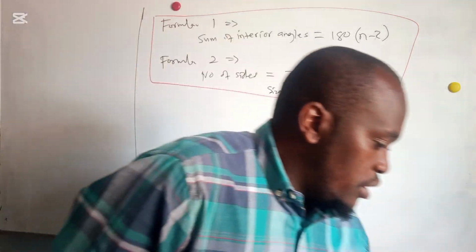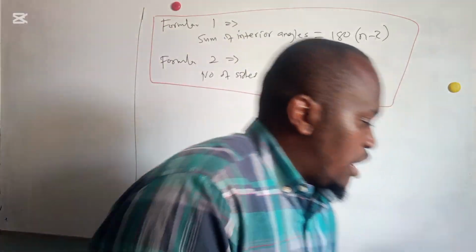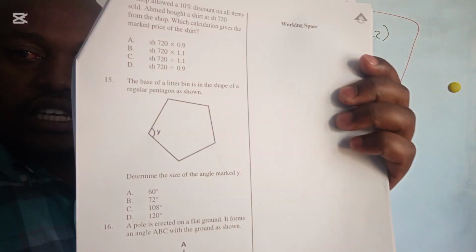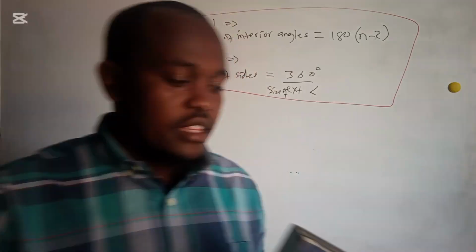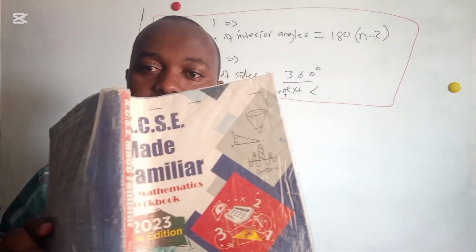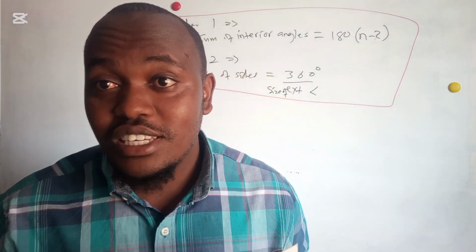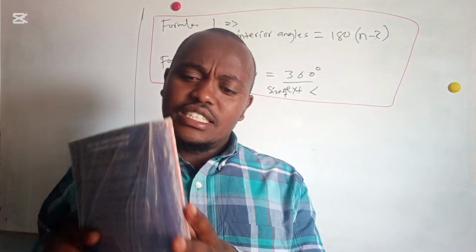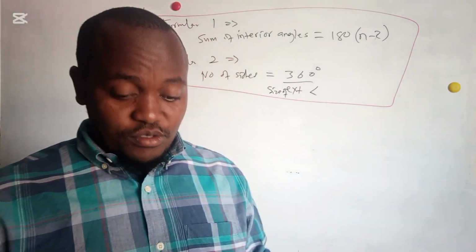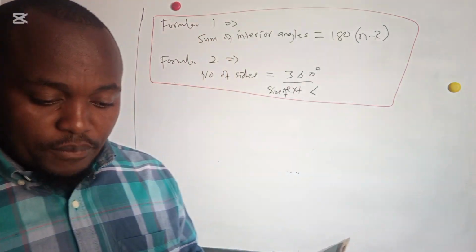However, we have already solved the one provided in NEC. We can now take KCSE made familiar. So students doing KJSEA, don't go away. The questions that are present in KCSE can also be helpful for your revision.